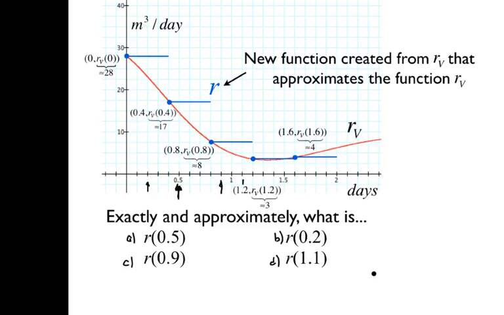Okay, so we're understanding what this new function is, the blue steps. Is R of 0.5 an ordered pair?